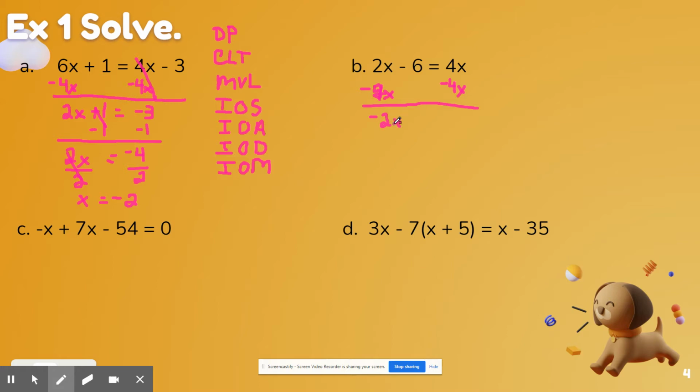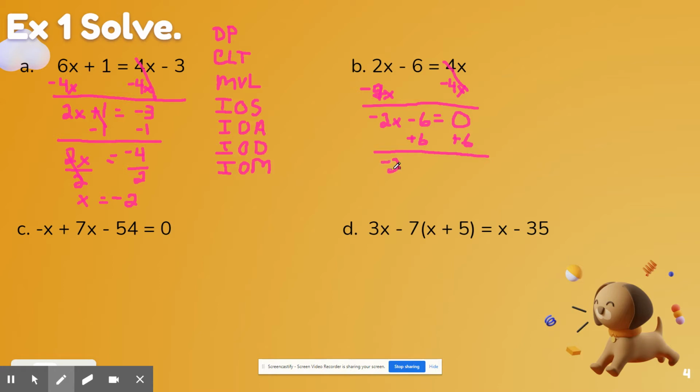X comes with it. Minus 6 drops down. These cancel out, but since they cancel out and there's nothing over here, this has just become 0. And then you're going to add 6 to both sides, the inverse of subtraction. And by both sides, I mean both sides of the equal sign.